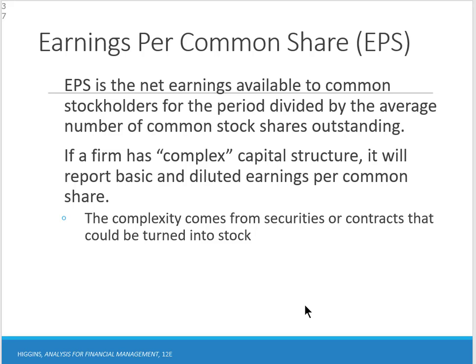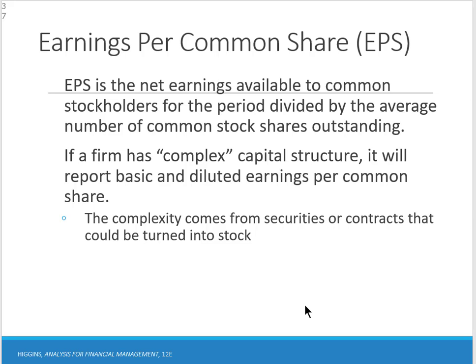This complexity comes from special kinds of securities and contracts that are sometimes issued or even owned by corporations. And these are typically what are referred to as derivatives. So they are assets, securities that could be turned into stock.